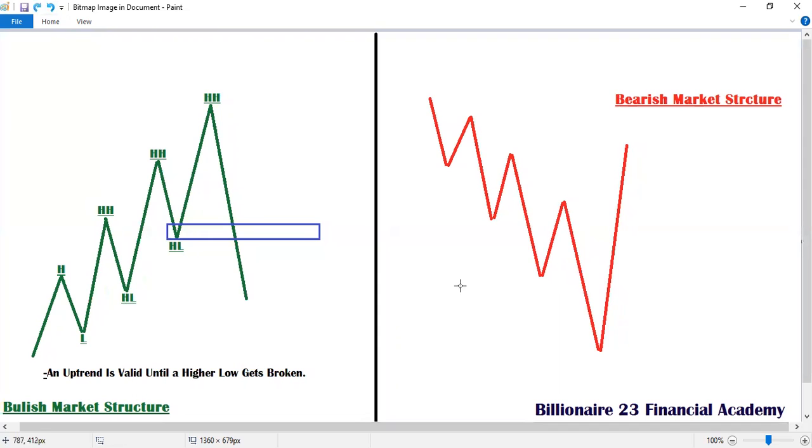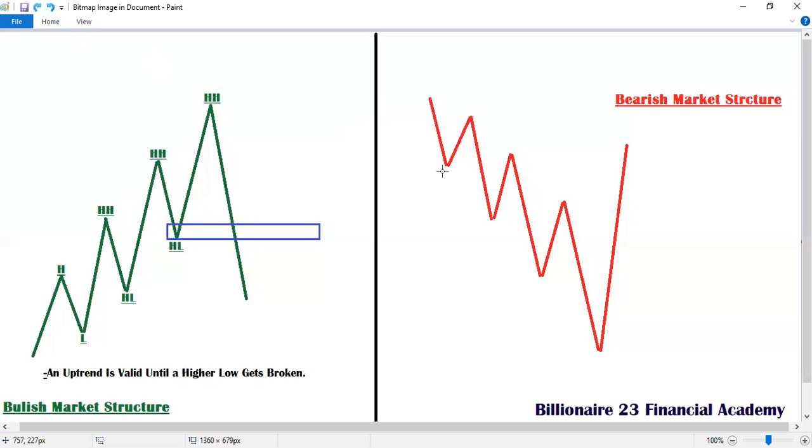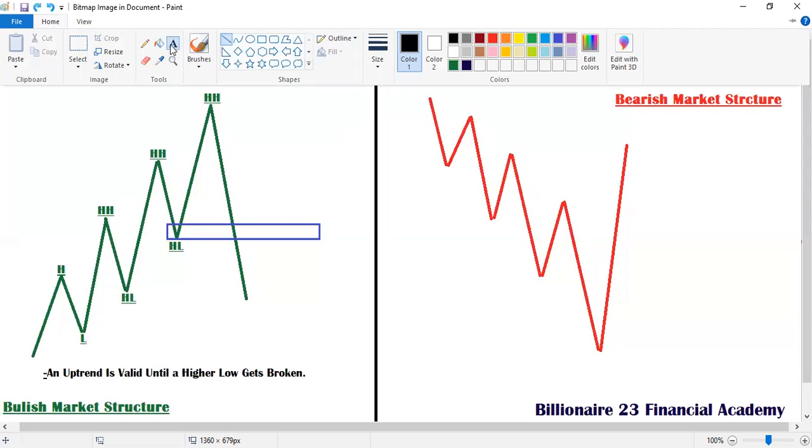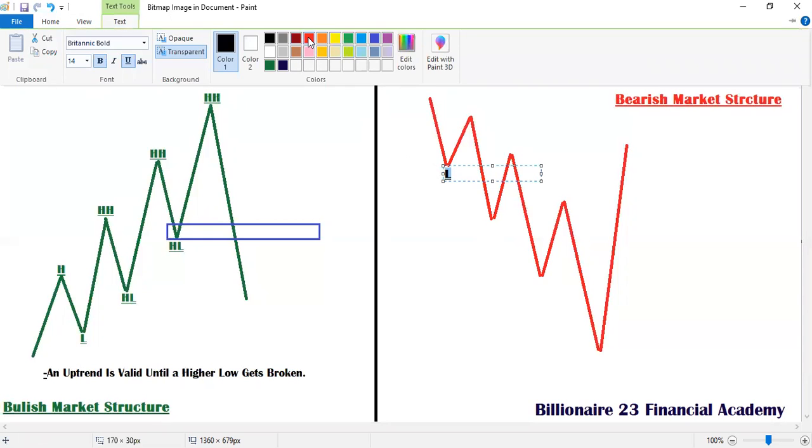All right. In a bearish market, price will make a series of, let me just type this in text. Where are you? All right. Price will make a low. It's just the opposite. Change color to red. Okay, it's already underlined.